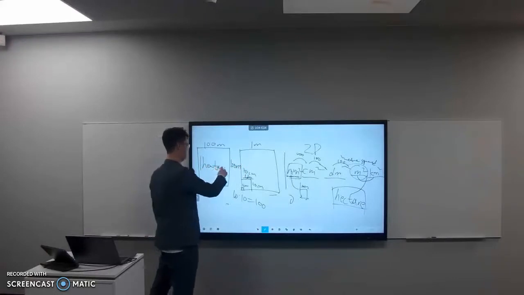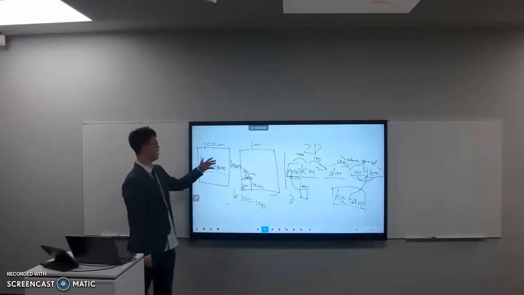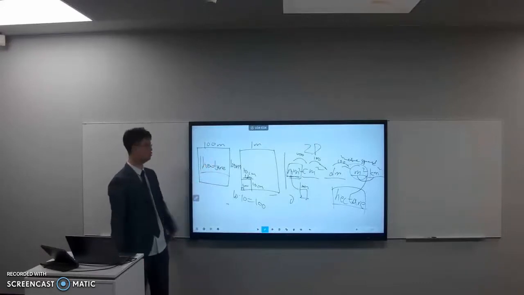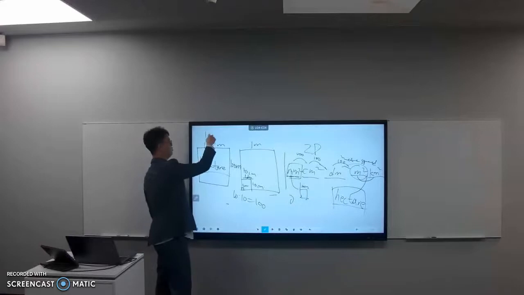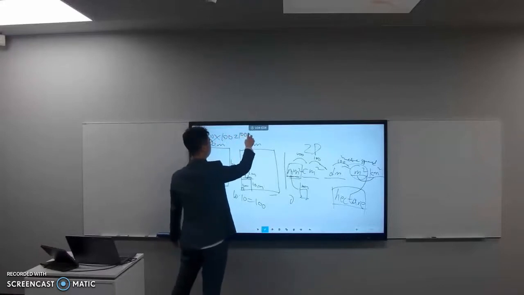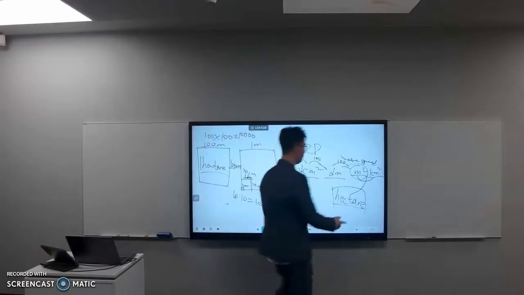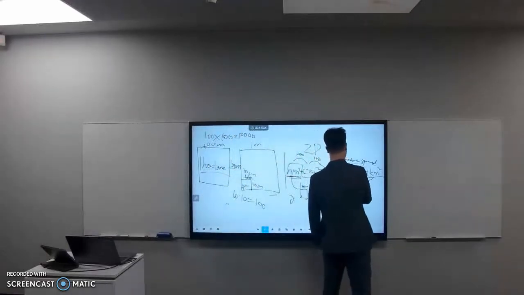This is new to you, but just be aware, 1 hectare. So what's the conversion between a hectare and a meter squared? Easy. It's 100 times 100, which equals 10,000. So the conversion between meter squared and hectare is 10,000.